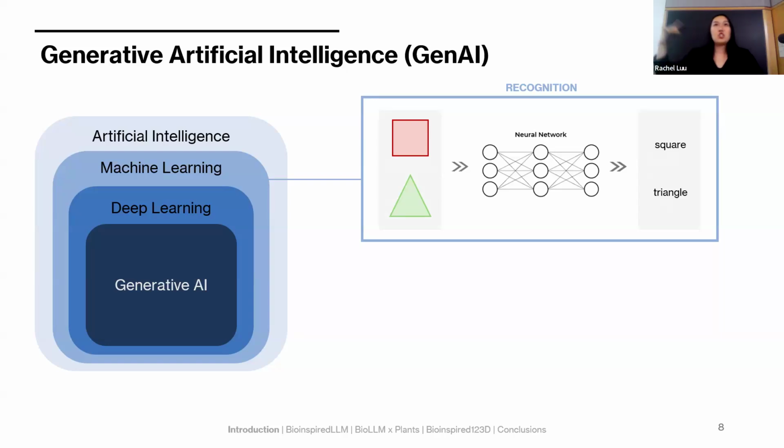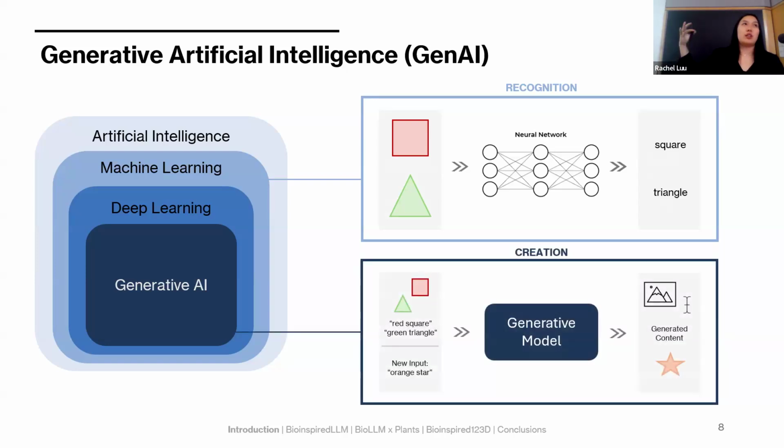What really sets generative AI apart from other artificial intelligence methods is this creation method, where instead of just understanding relationships between inputs and outputs, we have generative models that are able to produce new and novel content. So, for instance, we're able to train a generative model on a massive amount of data, and that generative model could produce new data that we have not seen before.